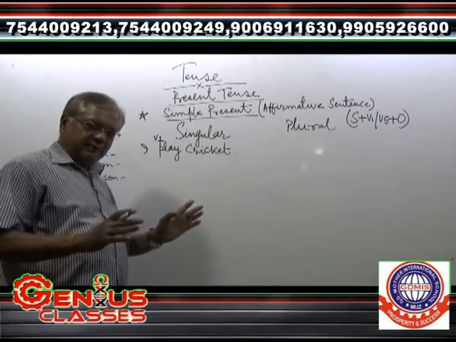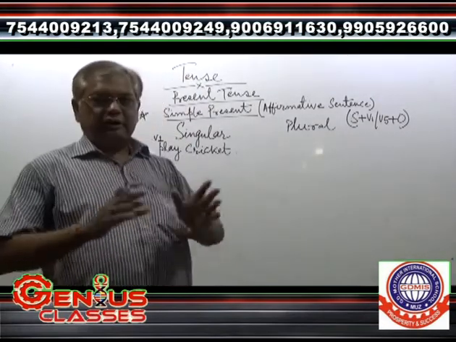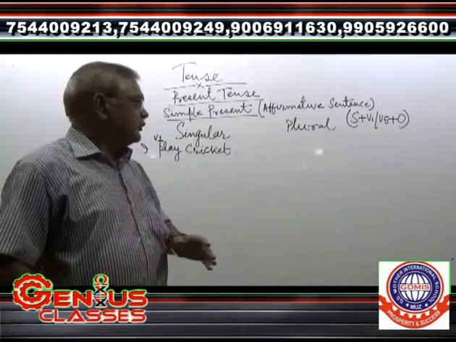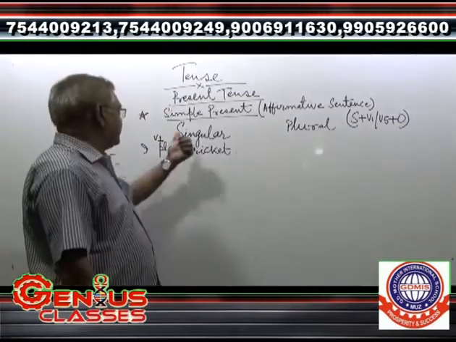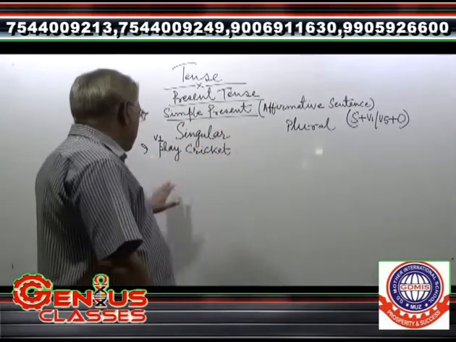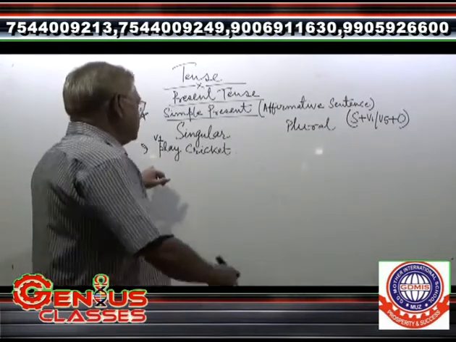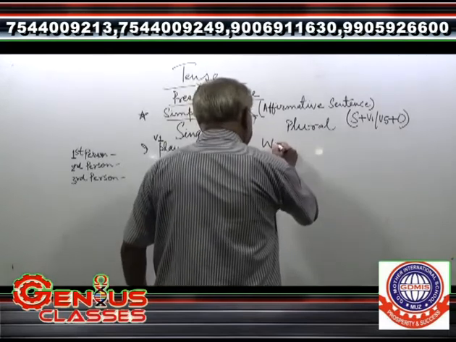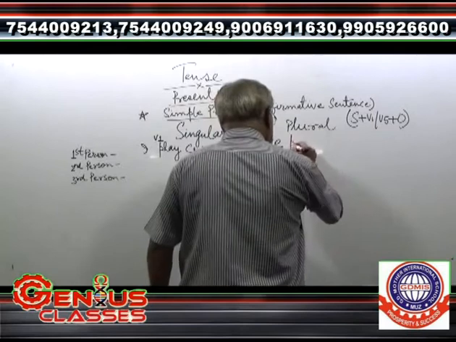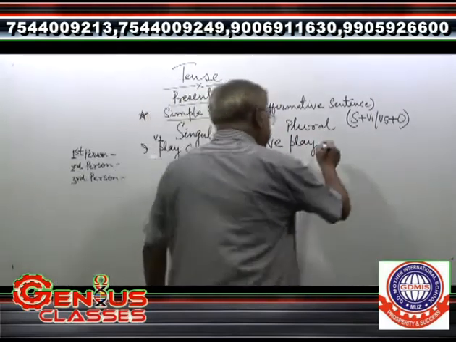Always remember that regular routine, regular habit, universal truth and proverb are all indicated in simple present tense. So I play cricket. And what will be the plural of I? It should be we. So along with we, V1 is used. We play cricket.